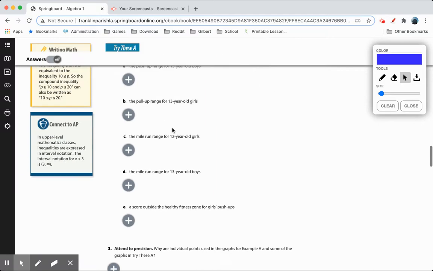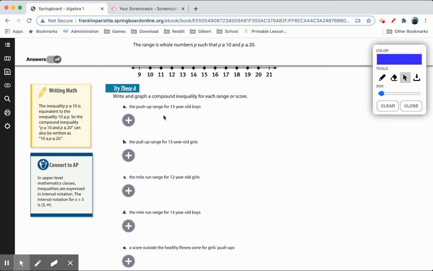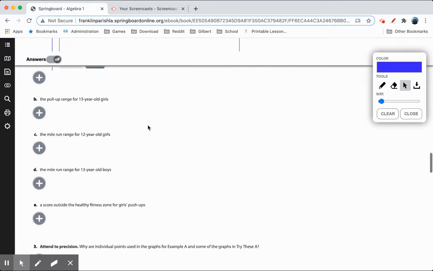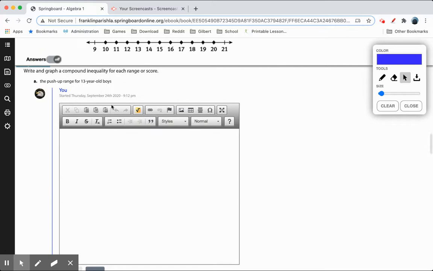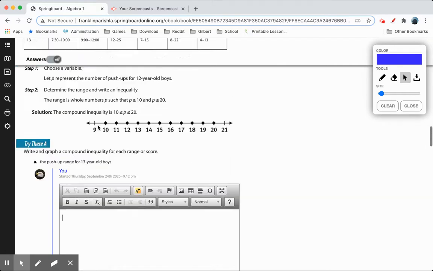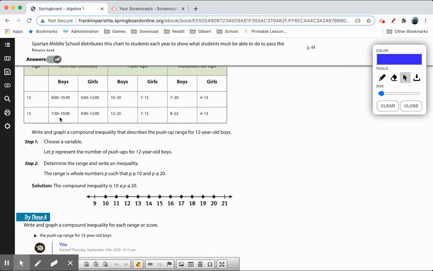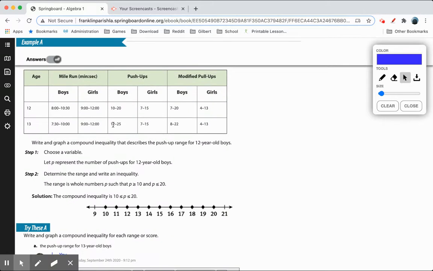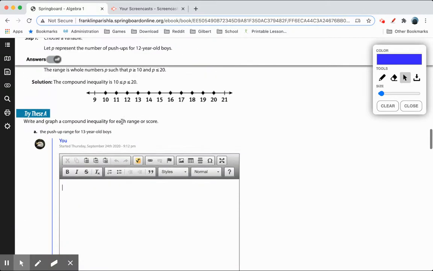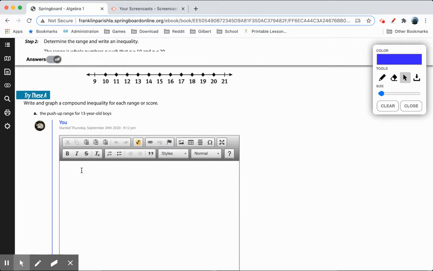All right, let's try these. Write and graph a compound inequality for each range or score. The push-ups range for 13-year-old boys. 13-year-old boys, push-ups 12 to 25, inclusive. So I would write 12 is less than or equal to 25.